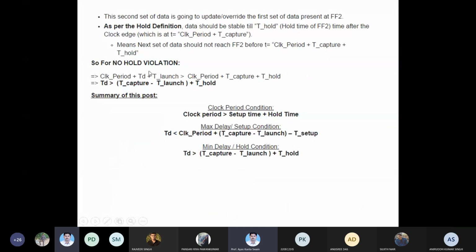Similarly, for no hold violation, you can conclude that TD, which before had to be greater than T hold, must now be greater than T capture minus T launch plus T hold. And your clock period must always be greater than setup time plus hold time. So this is a generalized method where we have taken both T capture and T launch delays into consideration.